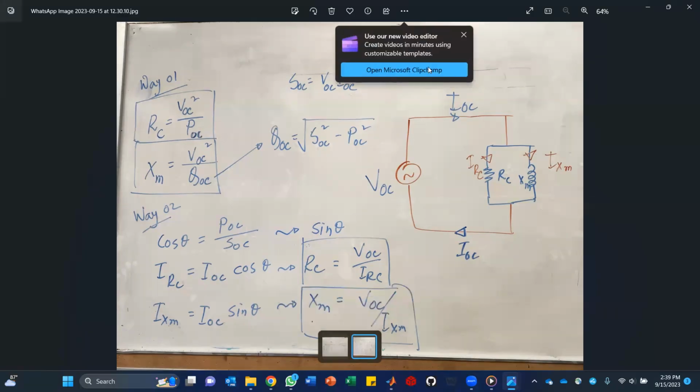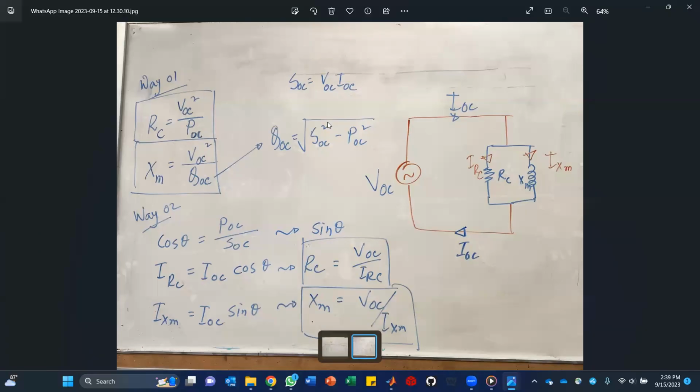So there are two ways you can calculate the values of this RC and XM. We need to calculate RC and XM, because if we can calculate these elements, we can get the exact amount of losses. So we can calculate I square R loss and I square XM loss. So we can calculate everything here.